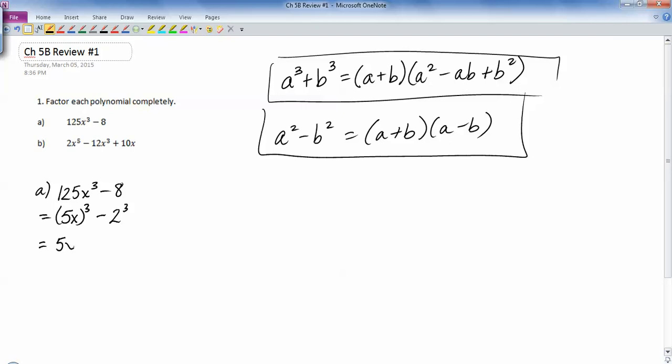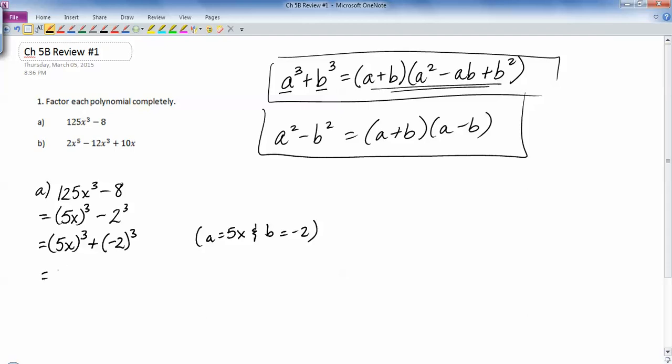That's (5x) cubed plus (negative 2) cubed. So now it's in the form a cubed plus b cubed, where a is 5x and b is negative 2.